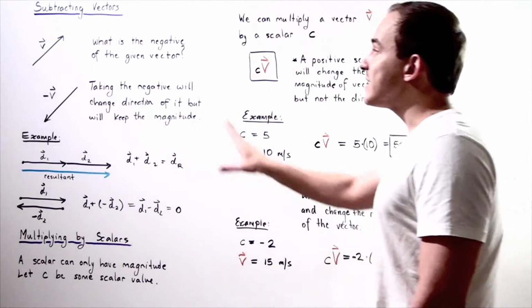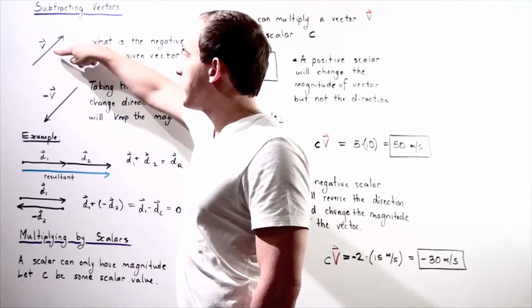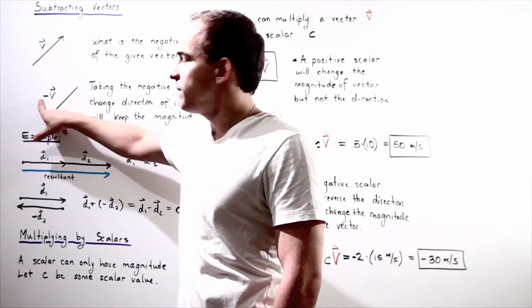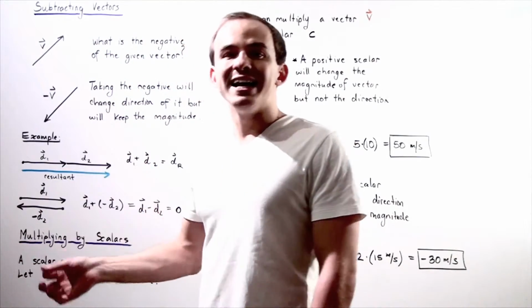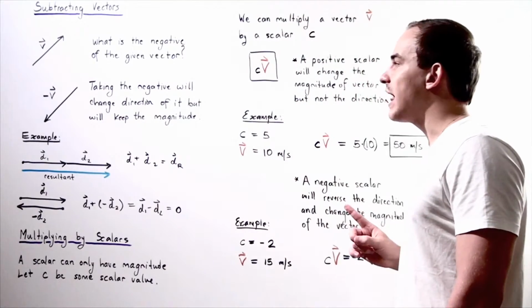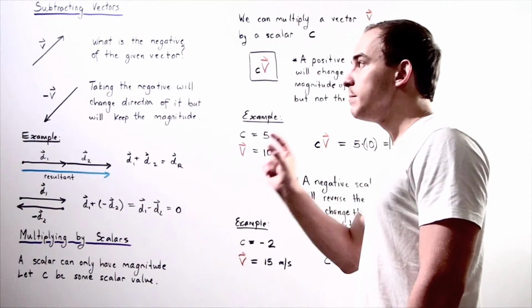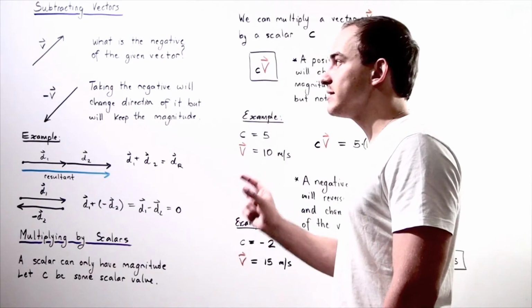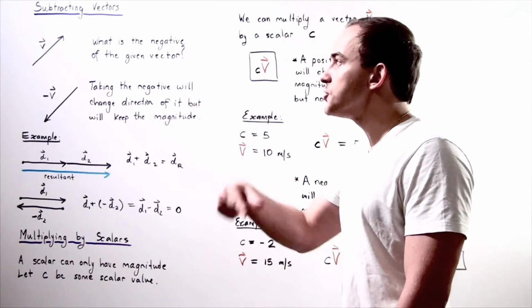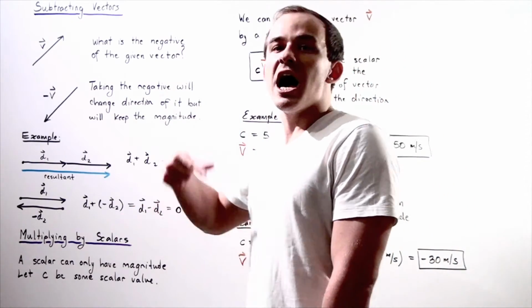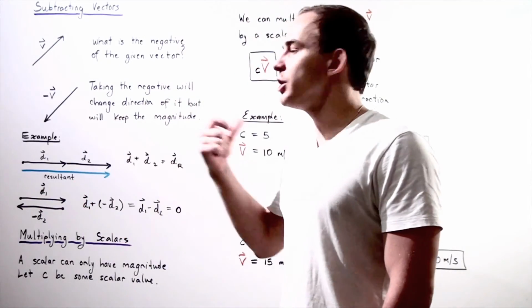And once again, that's exactly what we did when we went from v to negative v. We multiplied it by -1, a scalar value of -1. The 1 simply means our magnitude remains the same. The negative means we're changing our direction to the opposite of what it initially was.